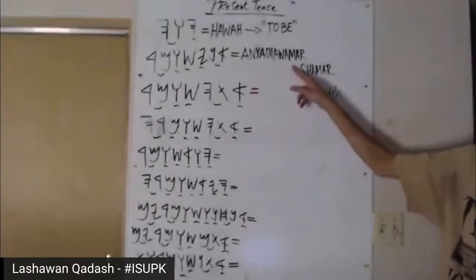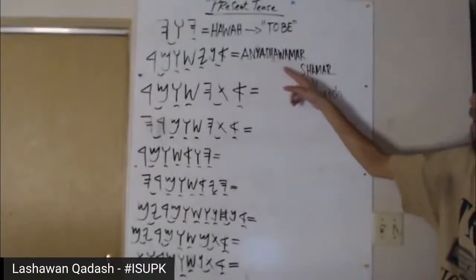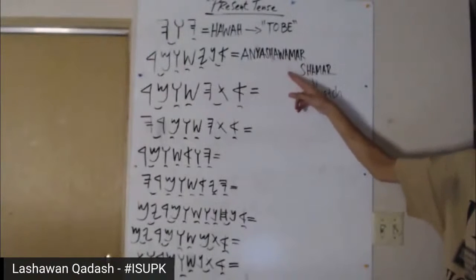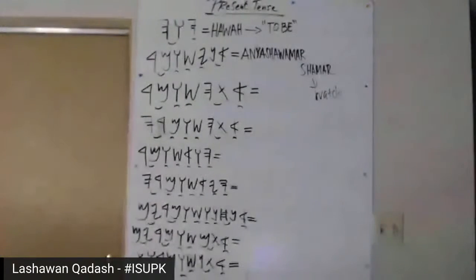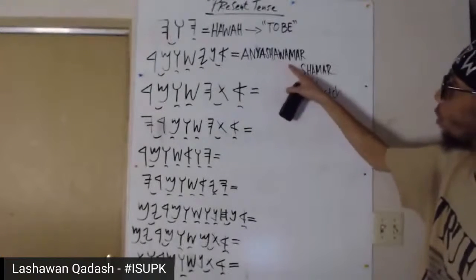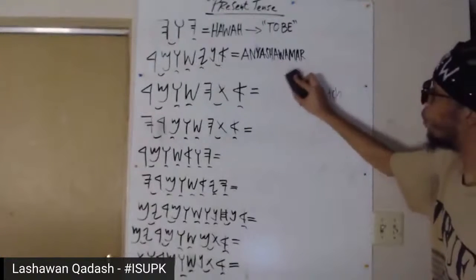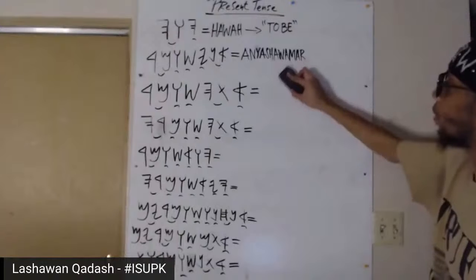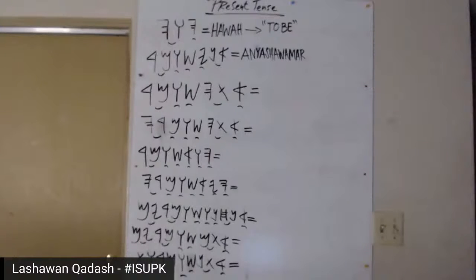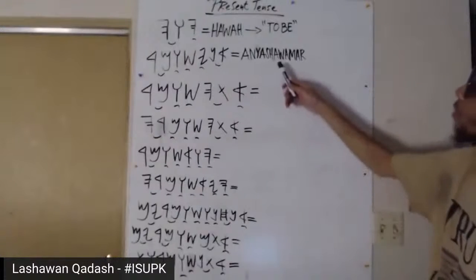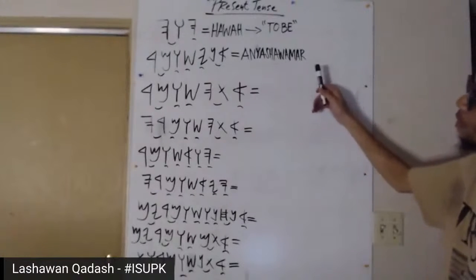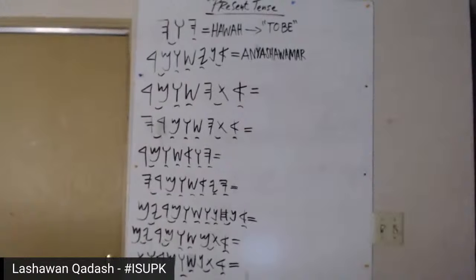Anya Shawamar is an action word, right? It's action, which means watch. Watch is an action. But based on when you put the prefix or something else in it, it changes the formality of the word, because some words you can make into a verb or into a noun and things of that sort. So anya shawamar simply means I am watching.